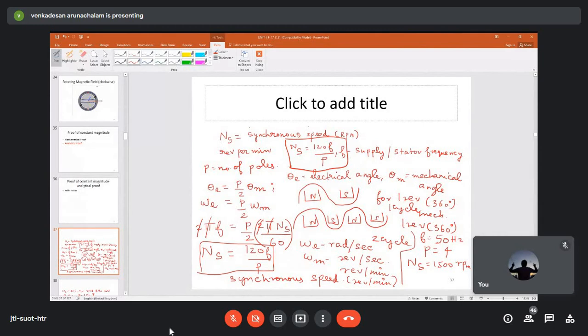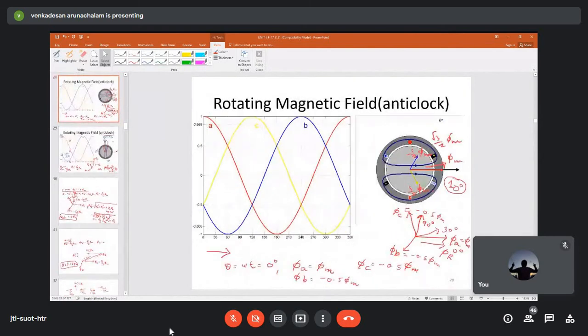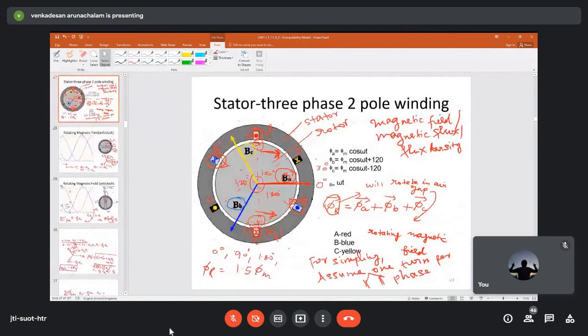And here in our example, the number of poles are how many? In the example we have taken, 2, sir. Yes. Each phase has 2 poles. You understand? See here, the flux direction is like this.